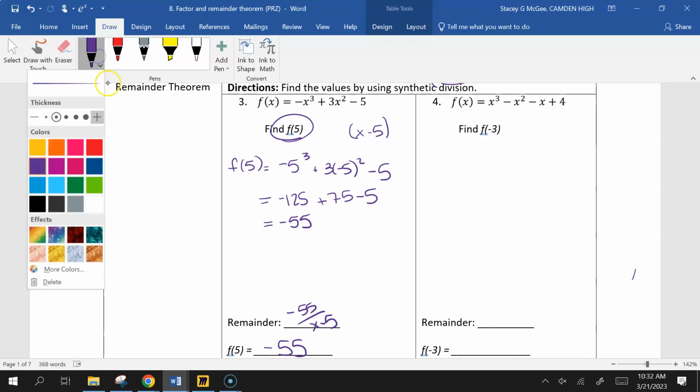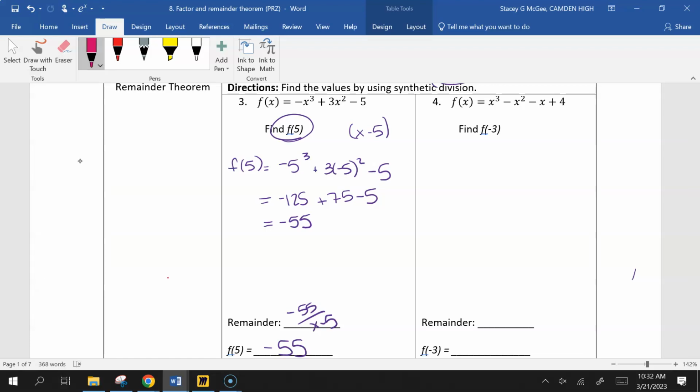Synthetically divide that real quick because you should be able to do that fairly fast now and see if that's what you get for your remainder. Because you take the remainder and put it over what you divided by. And since I plugged in 5, then what I'm dividing by is x minus 5.